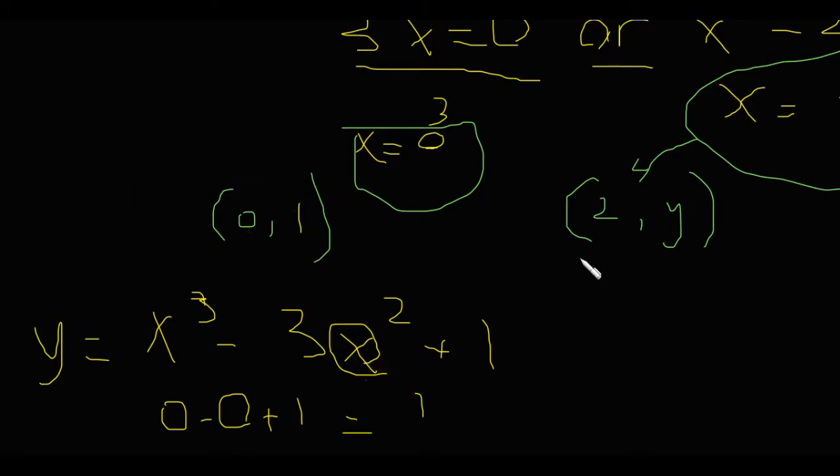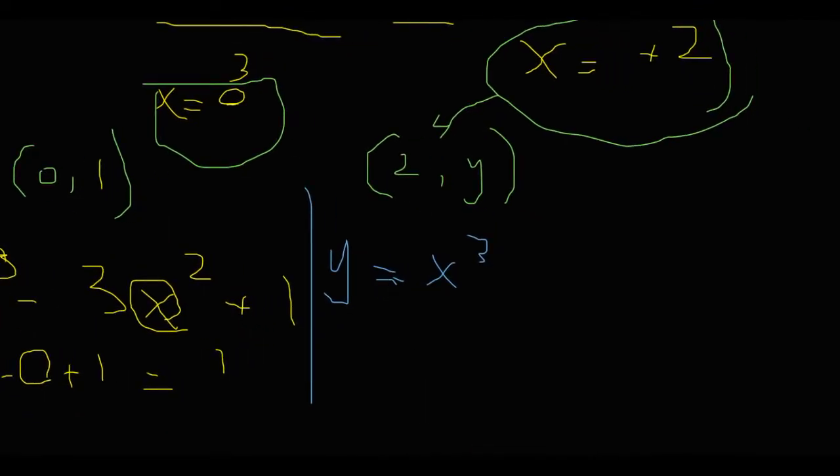0, 1. Now we have to find the other stationary point, and then we'll make sure which one is maxima and which one is minima. Again we'll use the equation of the graph, y is equal to x cube minus 3x square plus 1.